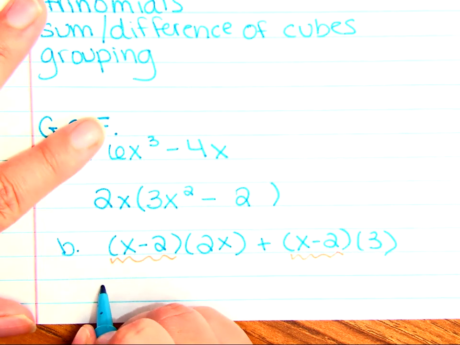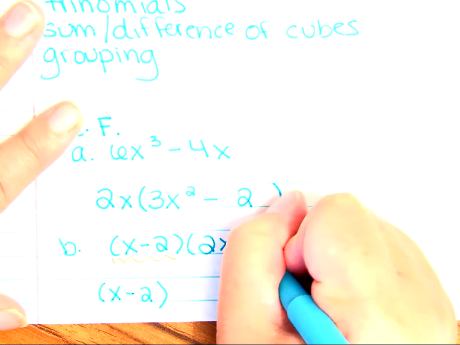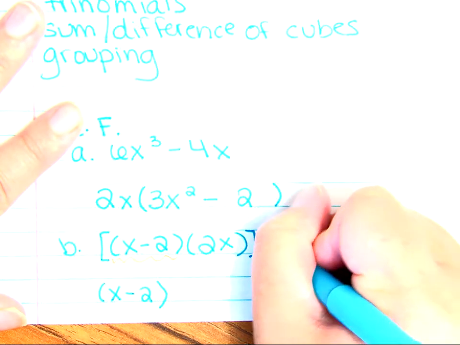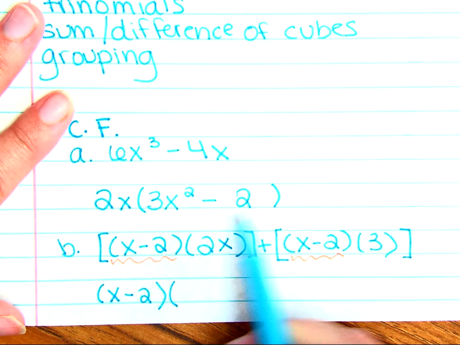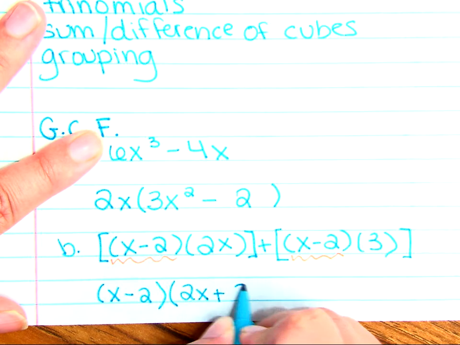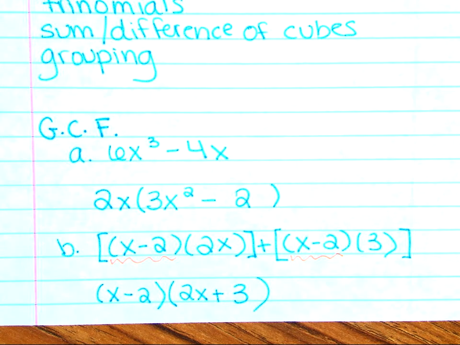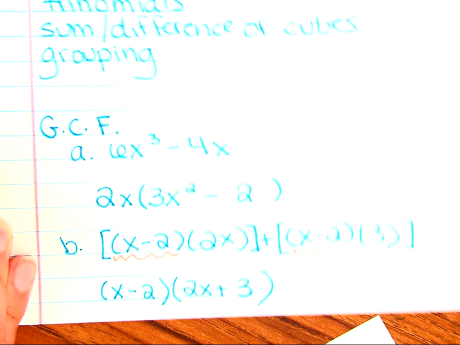So I could factor out an x minus 2 from each of these parts of my expression. Then my next parentheses is what they would have left. Well, here's 2x plus 3. So be careful. Using distributive property is not always the most efficient way to factor or simplify. That would be greatest common factor.